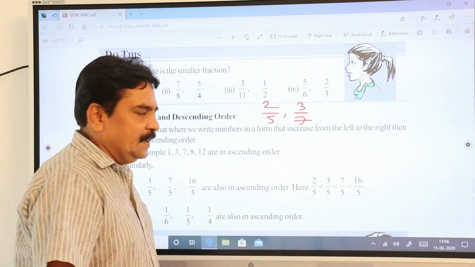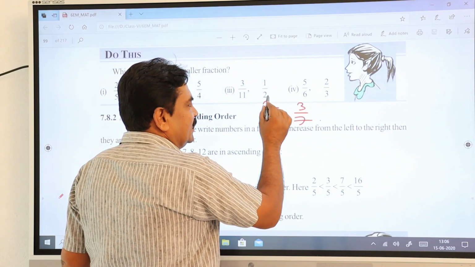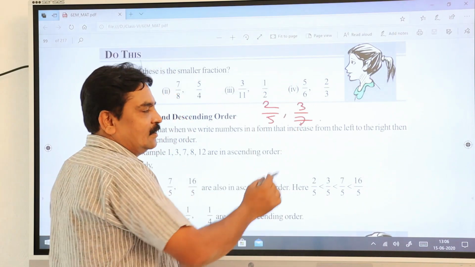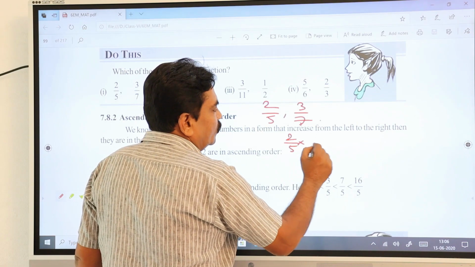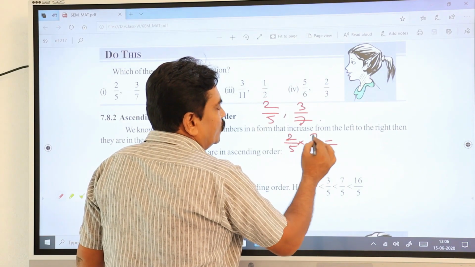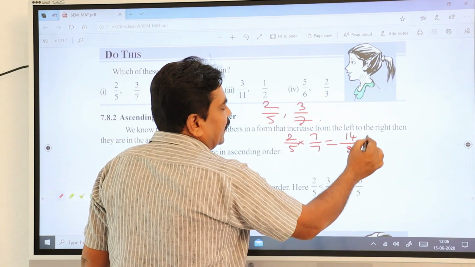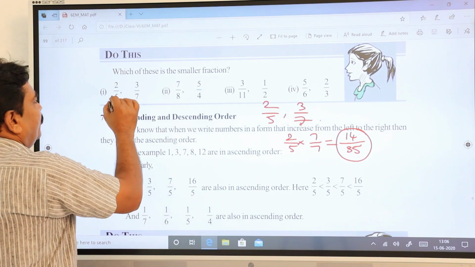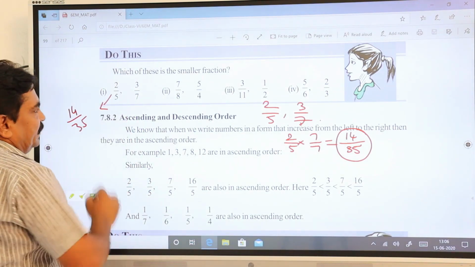To make like fractions, you multiply and divide this fraction by the other fraction's denominator, that is 7. So I'll do it. 2 by 5 into 7 by 7. 2 7s are 14, 5 7s are 35. For this 2 by 5, you got 14 by 35.